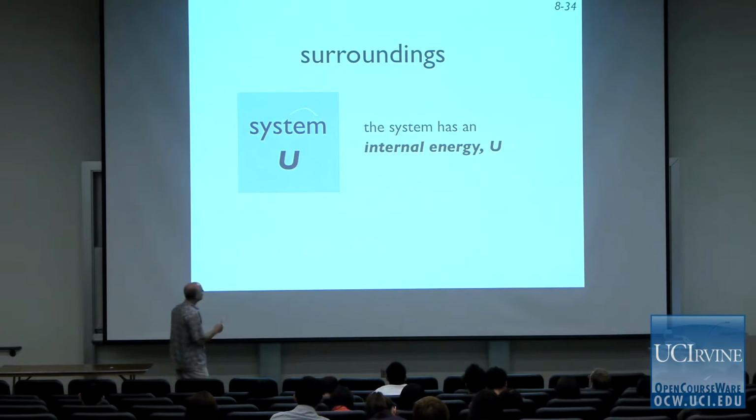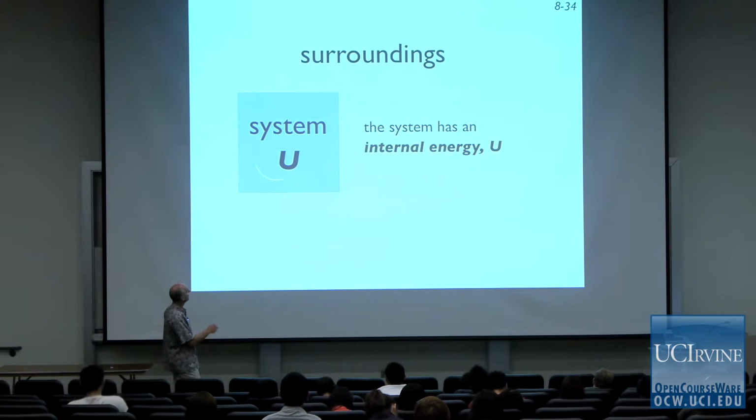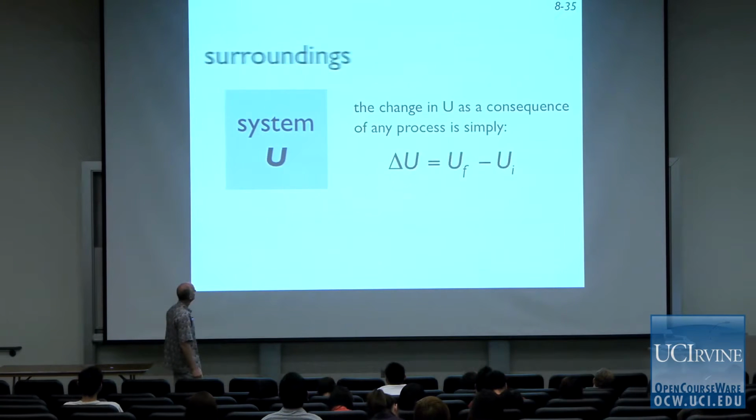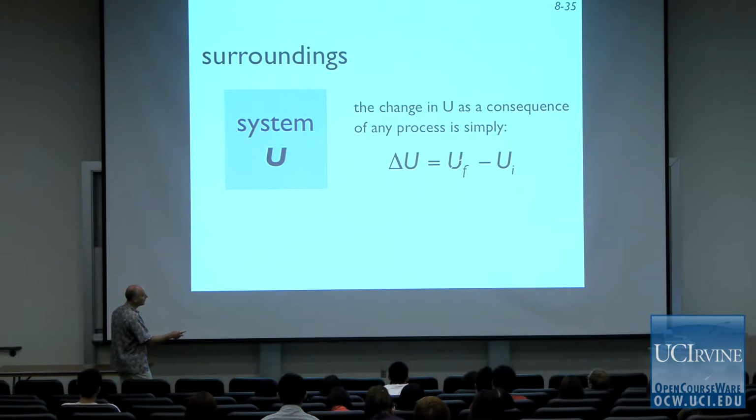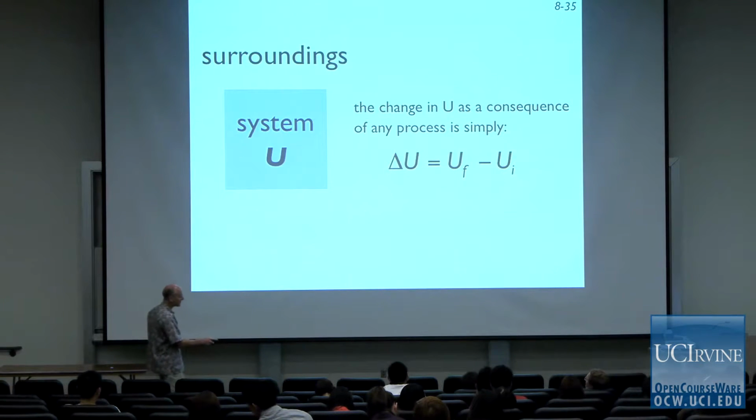And the system has an internal energy, which we're just going to call U. We've encountered U already, but now we're going to assign U to the internal energy of this system. The change in U as a consequence of any process, work, heat, is given by the final internal energy of the system minus the initial internal energy of the system.